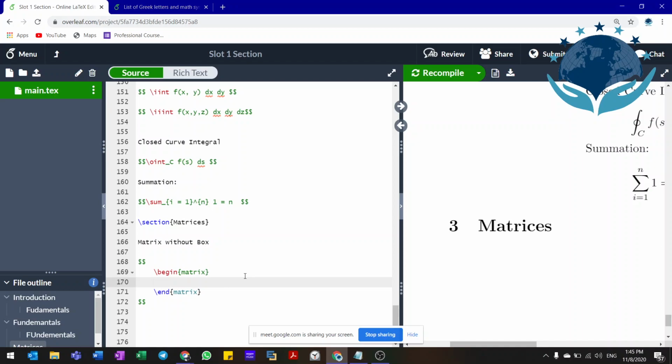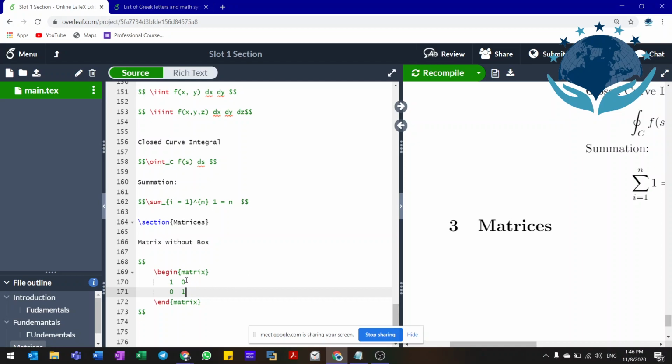Inside the double dollar we are making sure that we are creating the matrix framework, here a matrix without box. Let's say I am having a 2 cross 2 identity matrix, 1 0 and 0 1. So 1 followed by 0, and I need to print 0 followed by 1. So this is what I have to print, right?